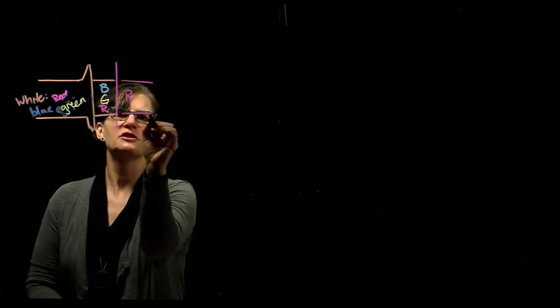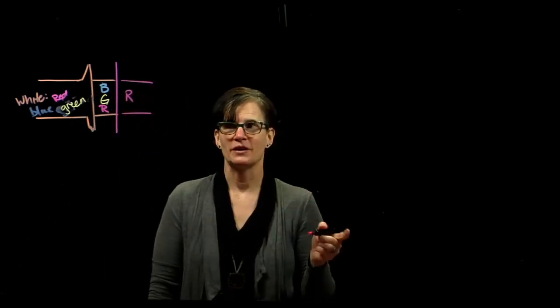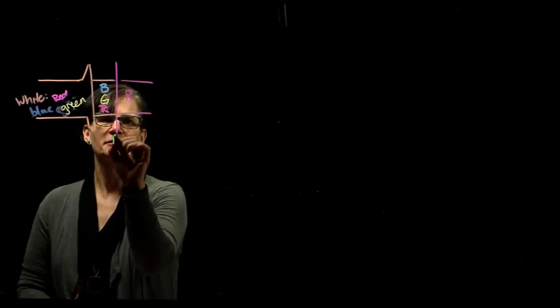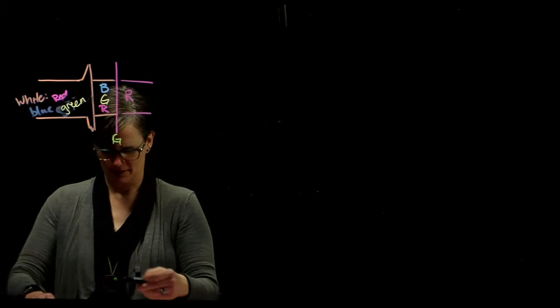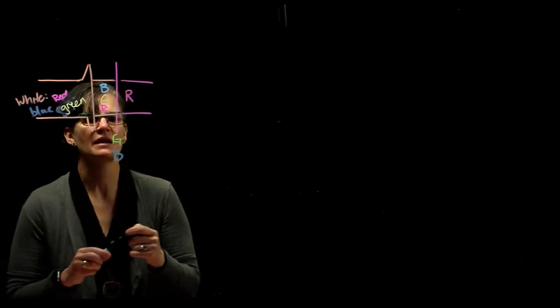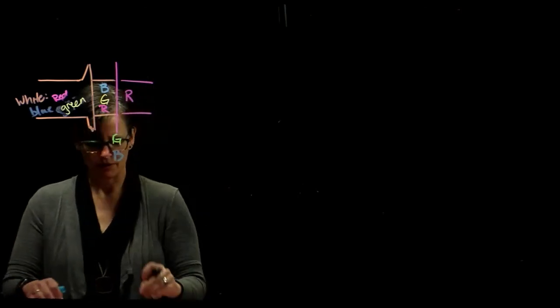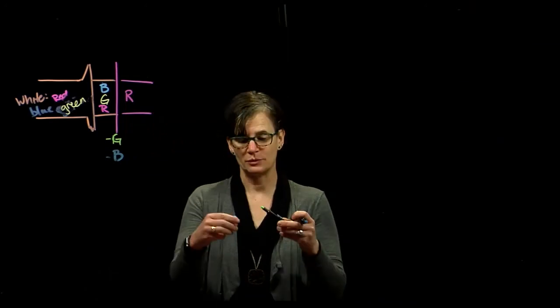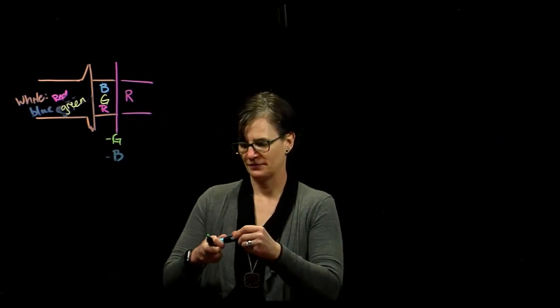Red continues on through the film, but my green light and my blue light are taken away. So it takes out the green and it takes out the blue, but allows red to pass through.